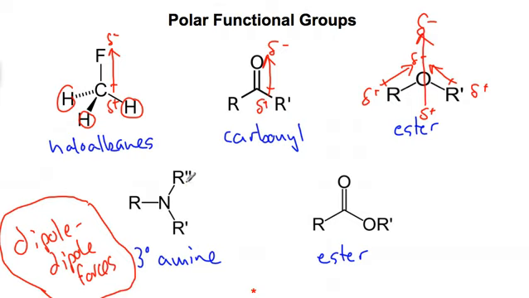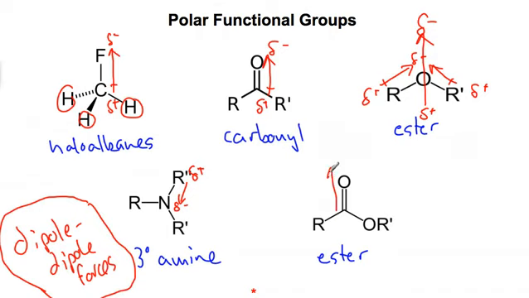Tertiary amine, again, polar. So all of those carbon to nitrogen bonds would be polar bonds, and because of the shape around that group, it's going to be a polar molecule. But again, there's a greater influence of the nonpolar R groups if they increase in chain length.